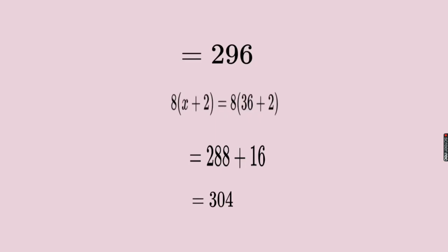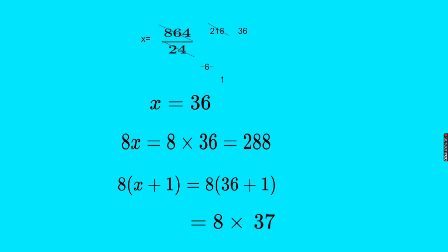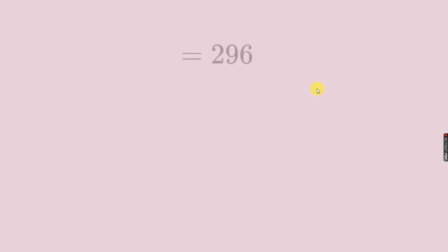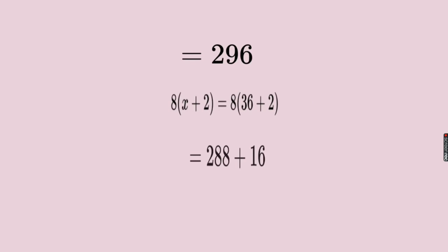So the three multiples of 8 are 288, 296, and 304. These are the required consecutive multiples of 8.